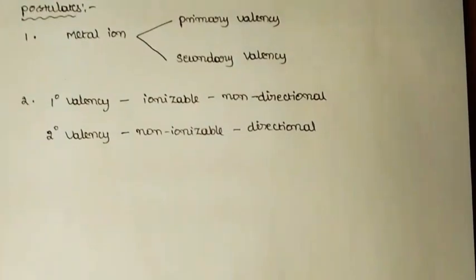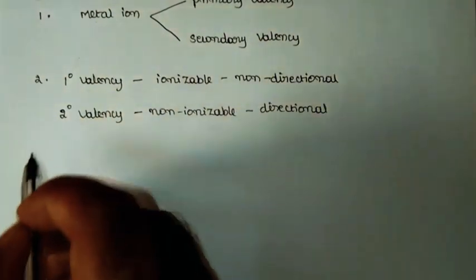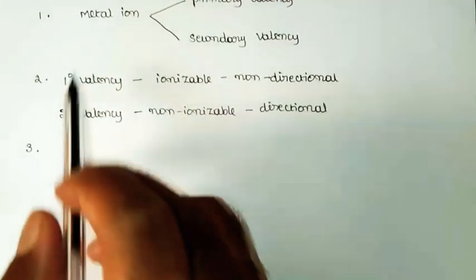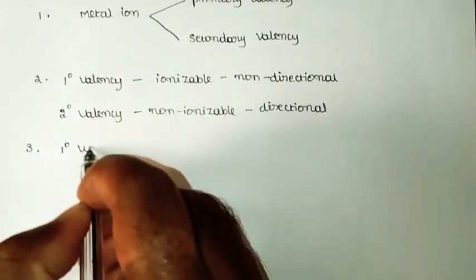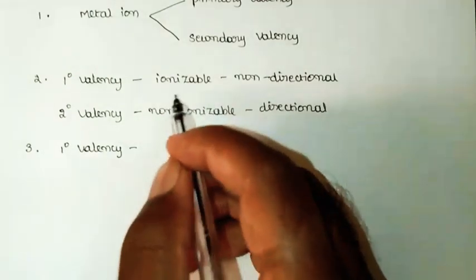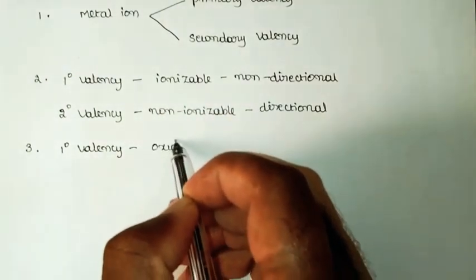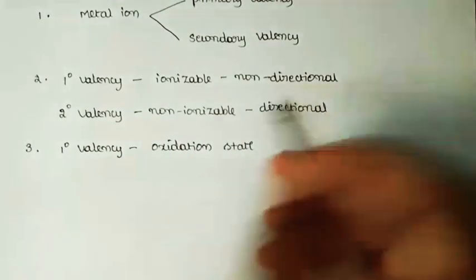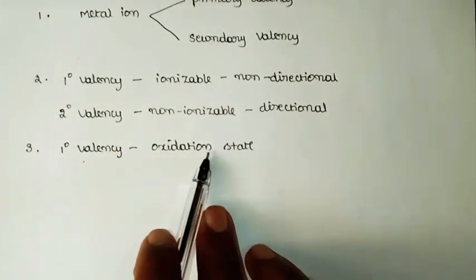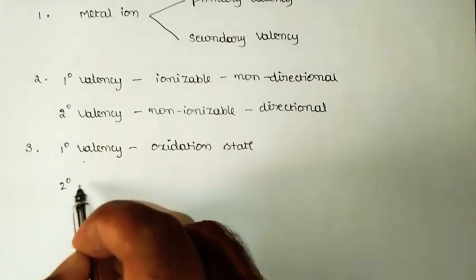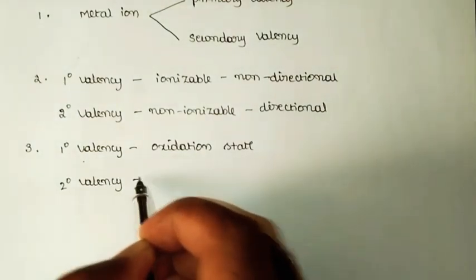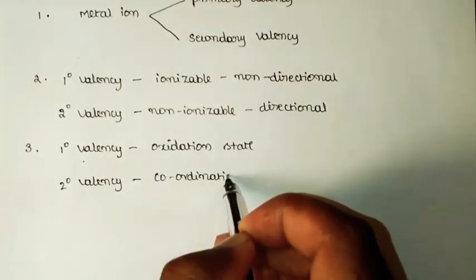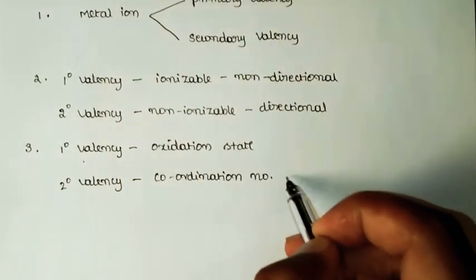Now, the primary valency of the central metal ion corresponds to the oxidation state of the central metal ion, and the secondary valency of the central metal ion corresponds to the coordination number of the given central metal ion.